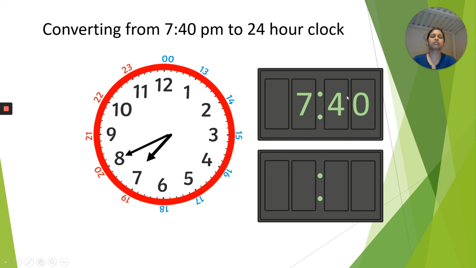So write 2 different times with 12 hours, and those times you will convert into 24-hour clocks. You've got these slides here for you to complete on your piece of paper, and an additional task is to write 2 12-hour times and convert them into 24 hours.